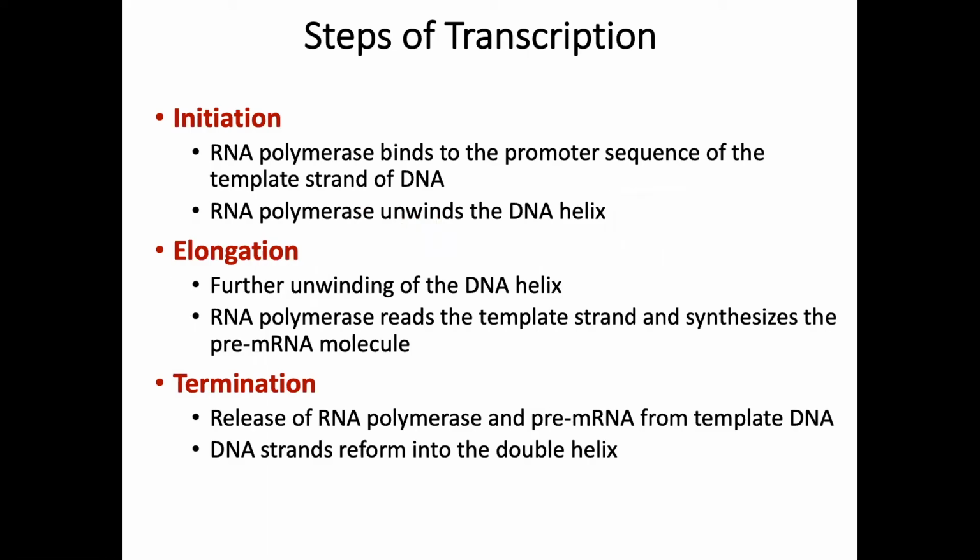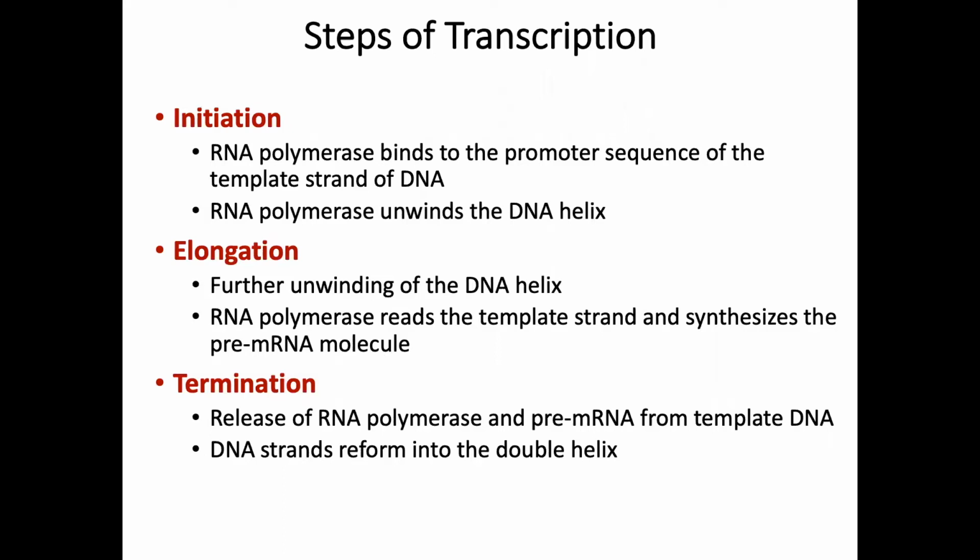Transcription has 3 major steps, namely initiation, elongation, and termination. Transcription begins with the binding of RNA polymerase together with one or more general transcription factors to a specific DNA sequence on the promoter region. Upon binding, RNA polymerase helps to unwind the DNA helix and prepares for transcriptional elongation.